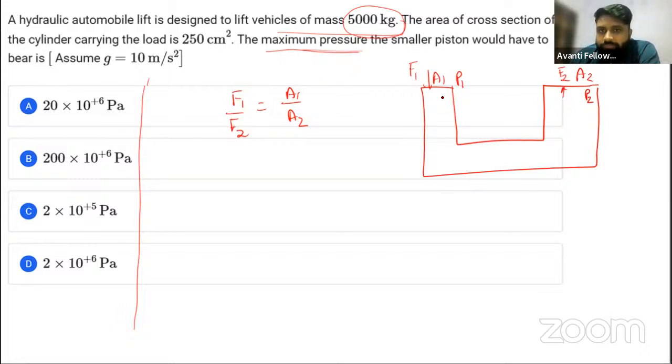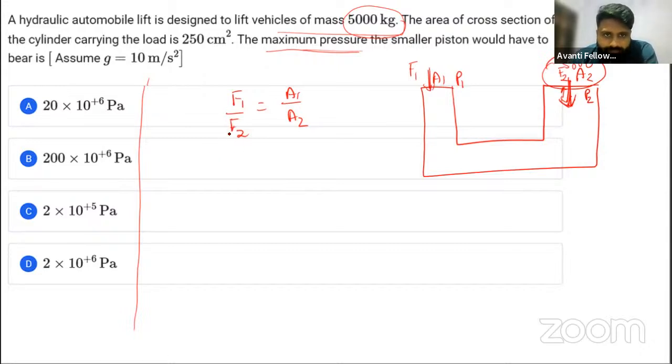So to apply the maximum pressure, we should lift the maximum weight. So we will put F2 as the weight, because if we put the 5000 kg here, it will apply a load on this side. So to lift this heavy load, we have to apply a force here. Got it?